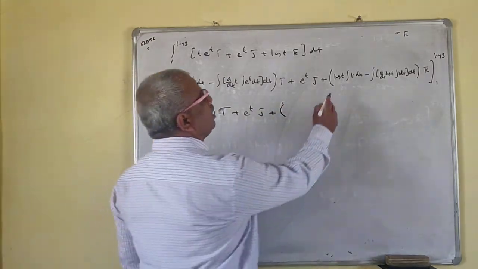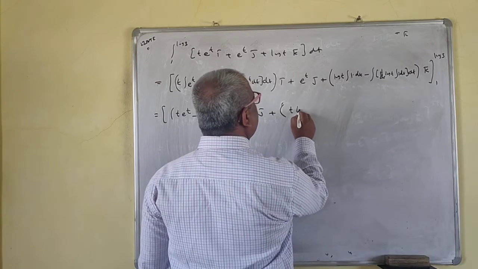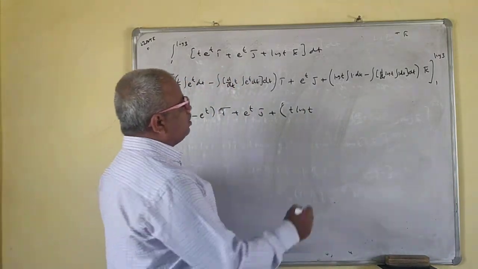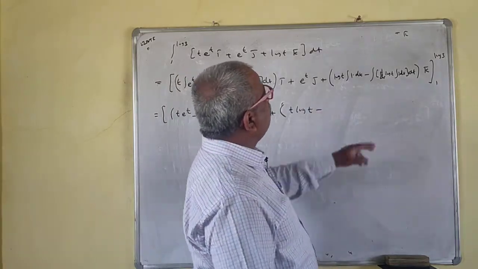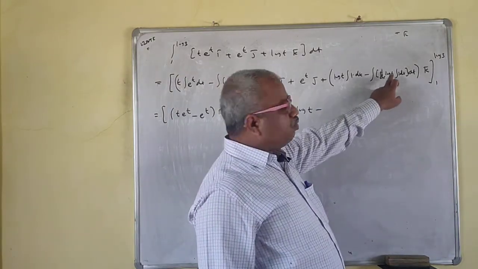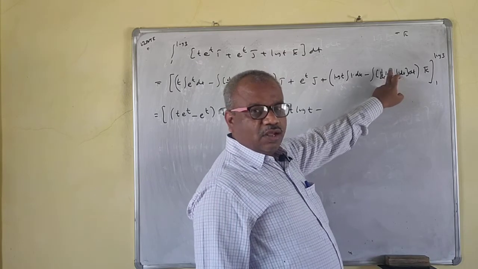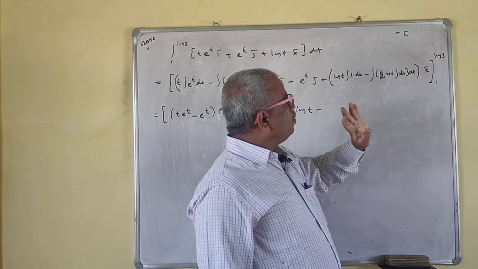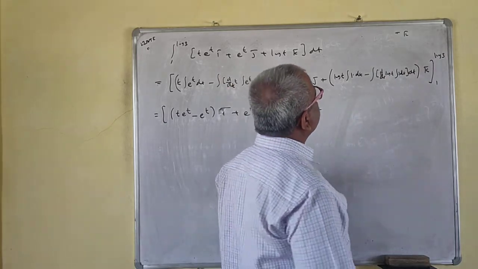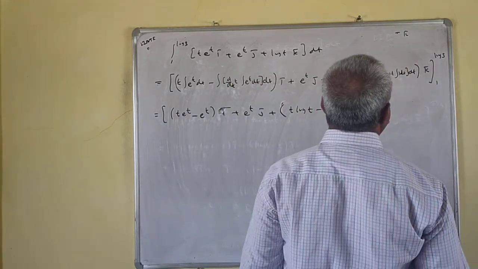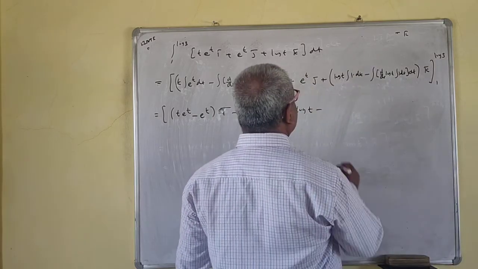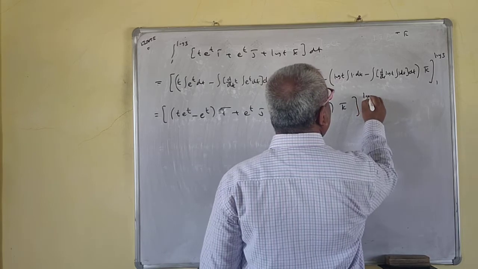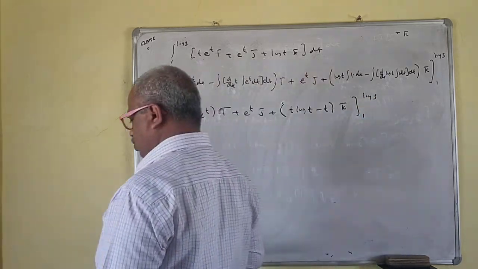Integration of 1 is t, so this is t log t, minus. The derivative of log t is 1 upon t, the integration is t, and 1 upon t into t gets cancelled. So this total product is 1, and you have to integrate that, so that is t now. K bar, and the limits are up to log of 3.